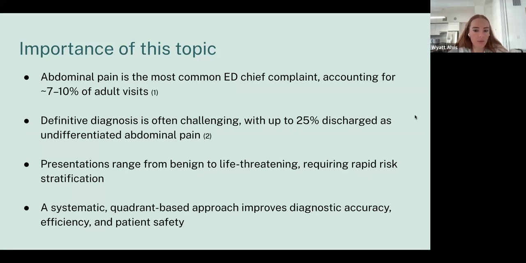I think that's because the presentations of acute abdominal pain can be not only generalized, but completely benign to life threatening. So there's a huge range of different disease processes in terms of presentation. And so I think that's why having a structured, quadrant-based, region approach is really helpful. It lets us risk stratify really quickly and then keep our patients safe while doing so.